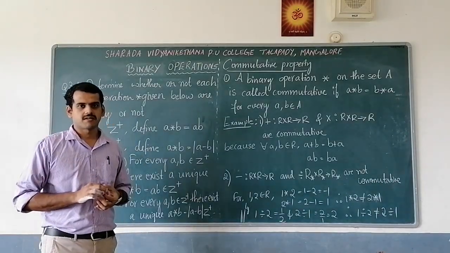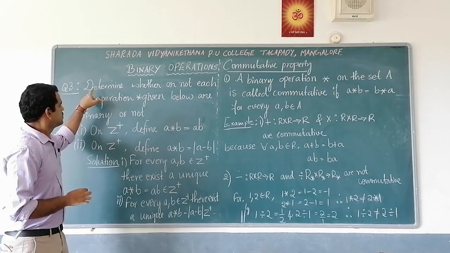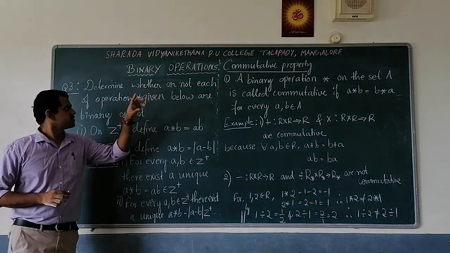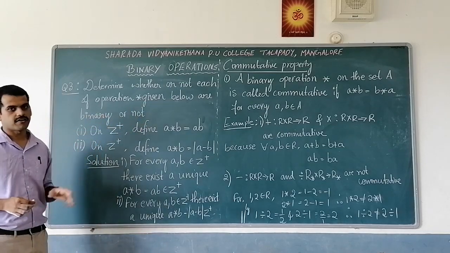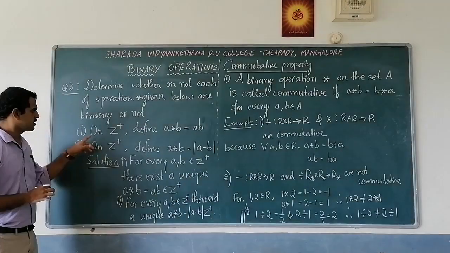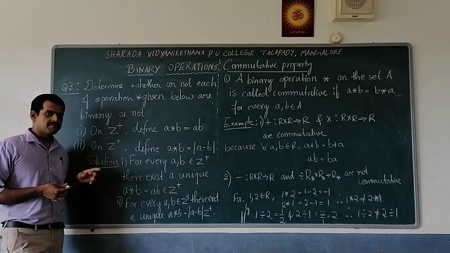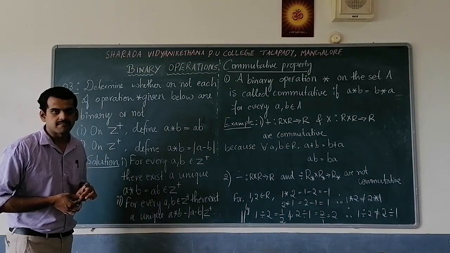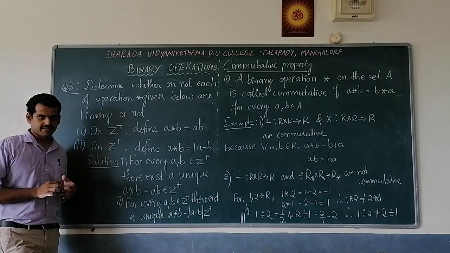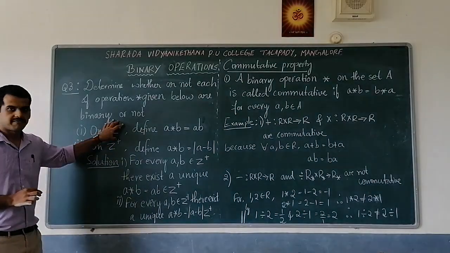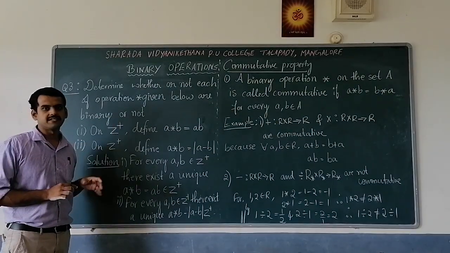Now students, we will take one more example. Determine whether or not each operation star given below is binary or not, we have to check now. Earlier we have taken examples on natural numbers and real numbers, where some binary operations we have discussed. Now, I will take integers, in that too a subset of integers, the set of positive integers.